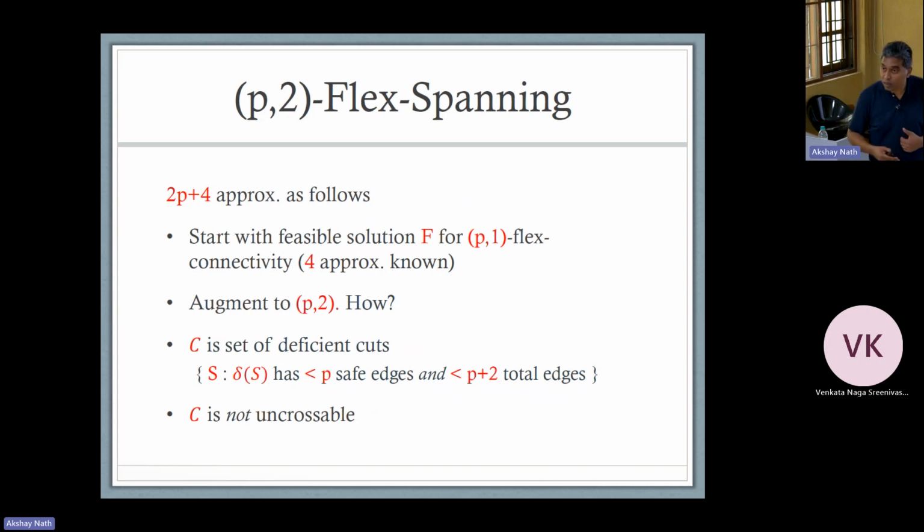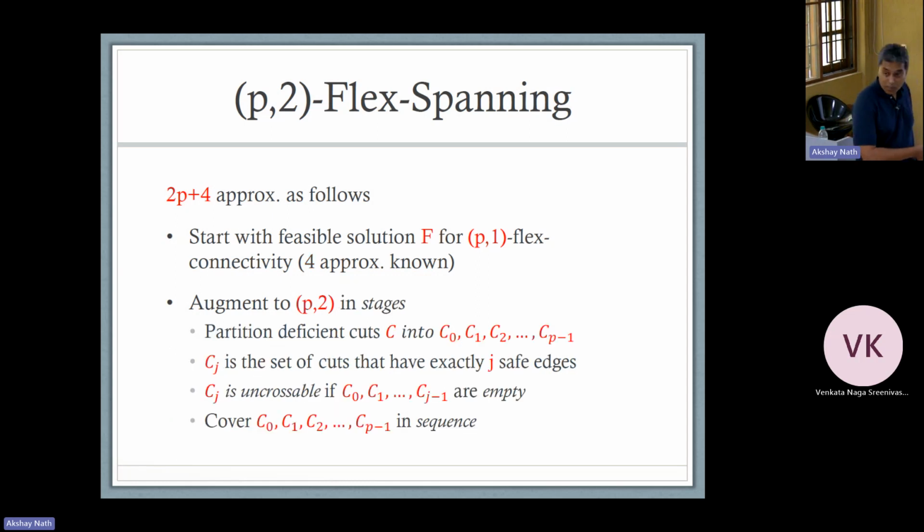Remember, we have a family of deficient cuts. Let's further refine them. How do we refine them? Let's look at how many safe edges they have. Some of them have 0, some have 1, some have 2, and up to p minus 1. So we'll partition the deficient cuts into p sets, where Cj is the set of all cuts that have exactly j safe edges.